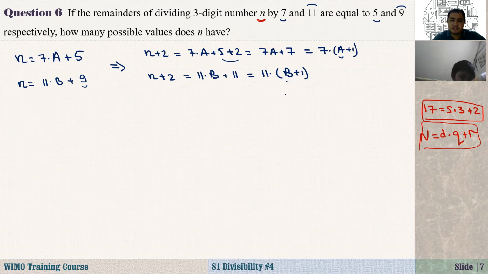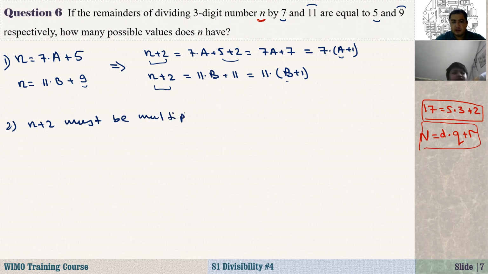Now from here, what do you understand, Carol? As you see here, if I just add 2 to the number, it is divisible by 7 and 11, right? So what we understand from here, that's our first step, is that this n plus 2 must be a multiple of 7 and 11.